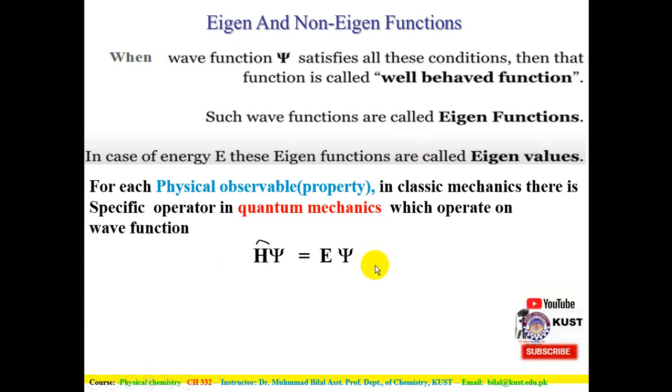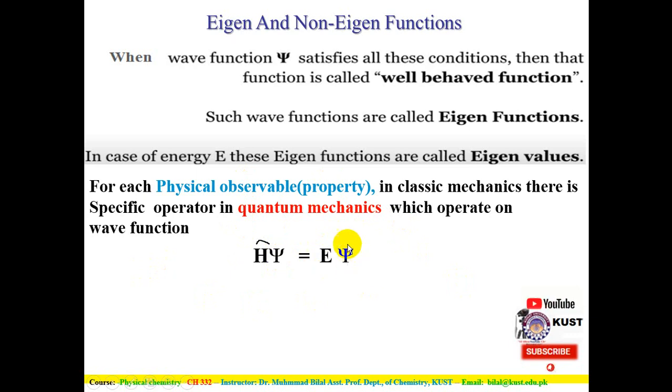Now, as we know, for each physical observable, for each property in classical mechanics, there is a specific operator present in quantum mechanics. For example, we have the Hamiltonian operator. When it operates on a well-behaved wave function psi, it gives the energy for that particular psi.